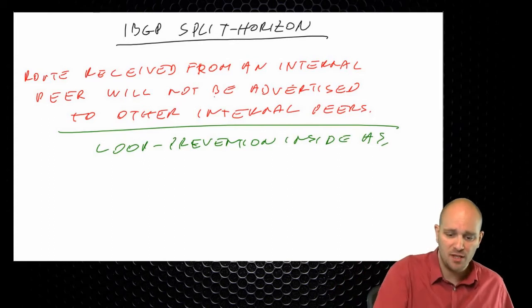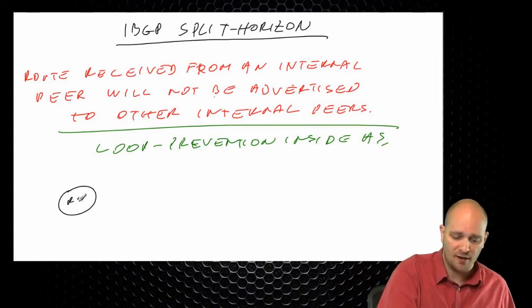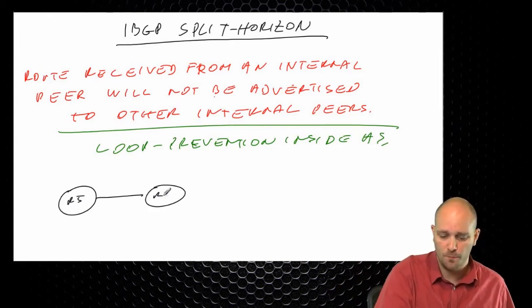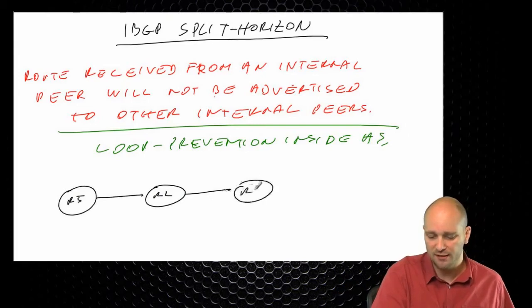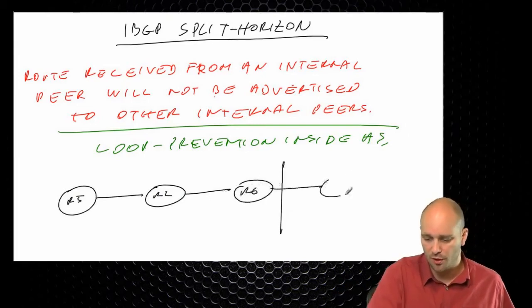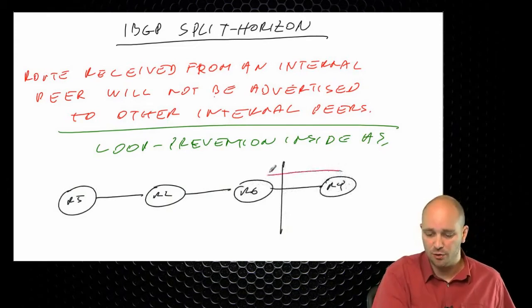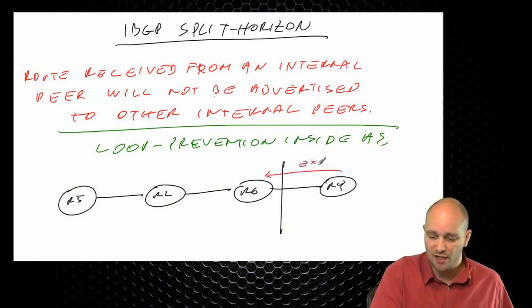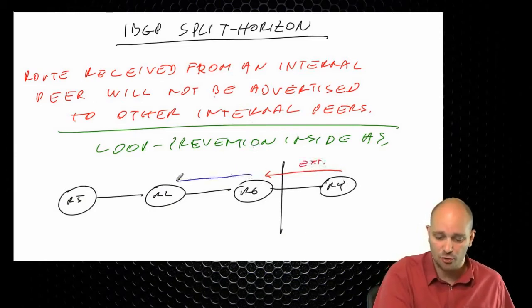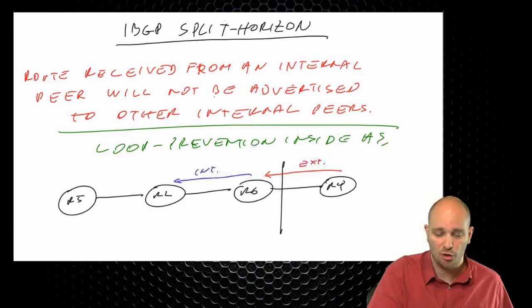So what we have here now is R5 connected to R2, connected to R6, which is connected to R9. Now, when R9 advertised the route to R6, this was an external route. Now, when R6 advertised the route to R2, this was an internal route.